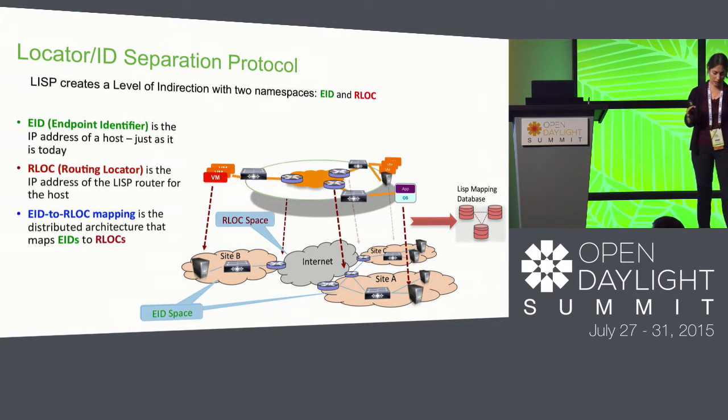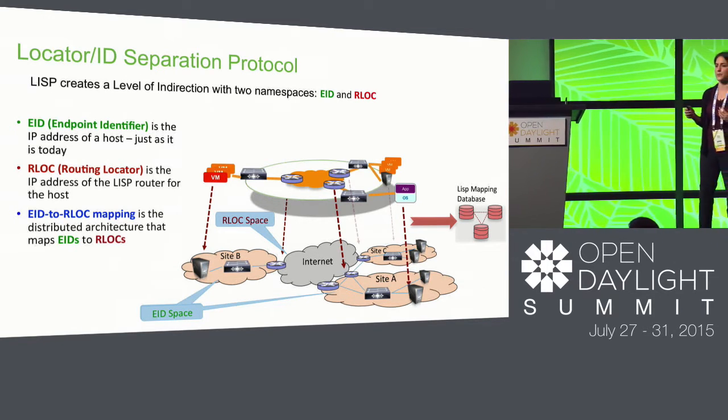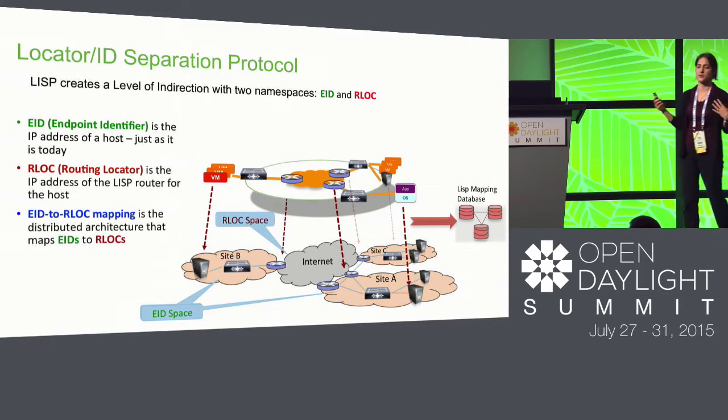And by splitting these two namespaces, it also creates a mapping layer, a distributed mapping database layer that captures and provides mappings of this identity space to the routing space. And with this architecture, it also provides the protocol for the Lisp devices to dynamically look up this EID to locator, or overlay to underlying address mapping, in the mapping layer.